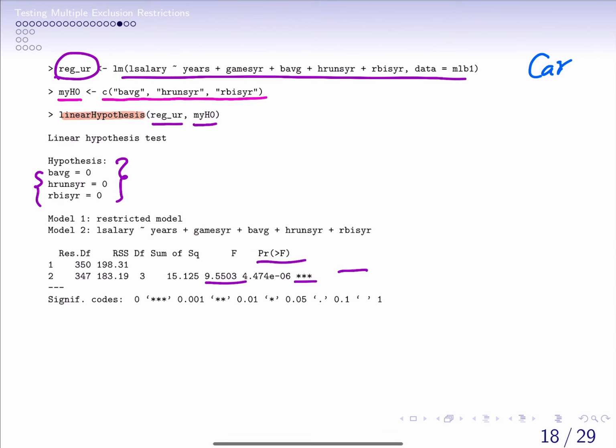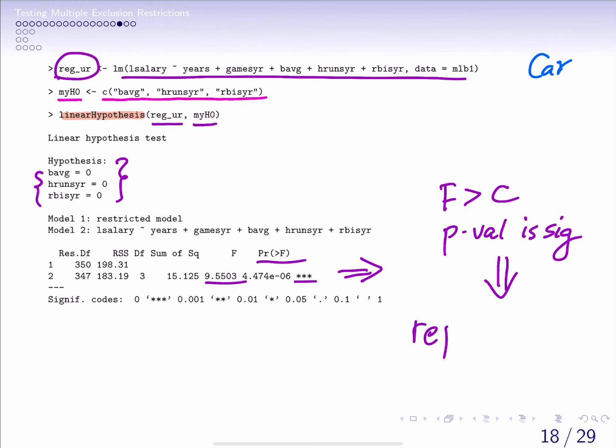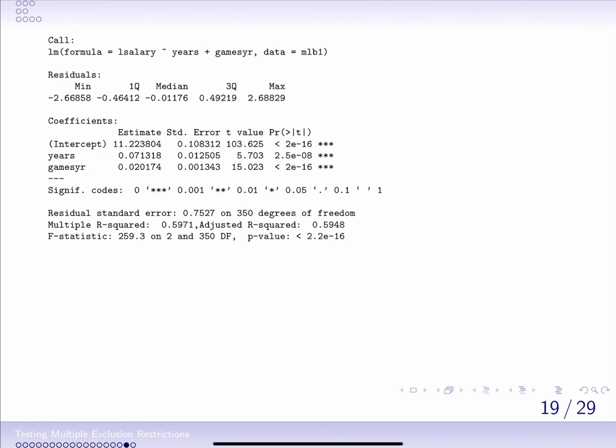So whenever the F statistic is greater than the critical value, or the p-value is significant, we reject the null in favor of the alternative.